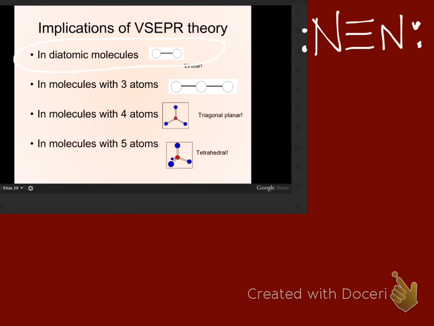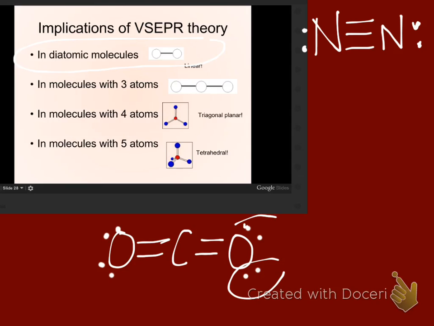So CO2 is a good example. So if you remember, we had double bonds. Looks something like that. Okay, that's also going to be linear. Now, there are unshared pairs here, but they are not on the central atom. If they're not on the central atom, they're not going to influence the geometry.